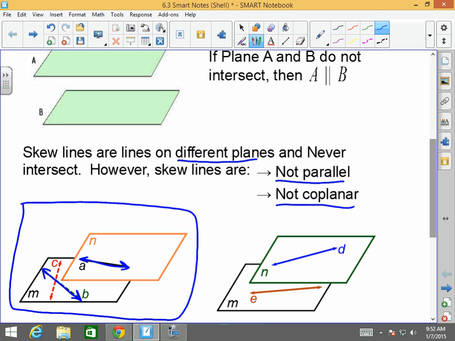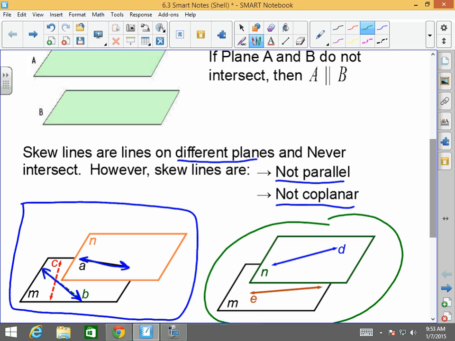Okay? If you look at the next figure here, this guy in green, you have plane N and plane M. Line D and line E are not parallel. They do not intersect, but they're not parallel because they are skew lines.